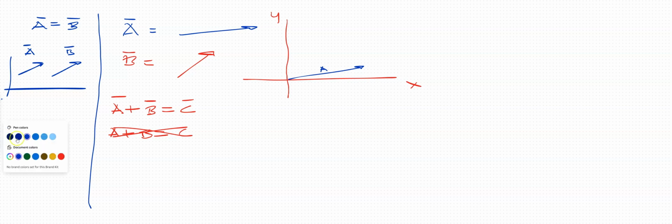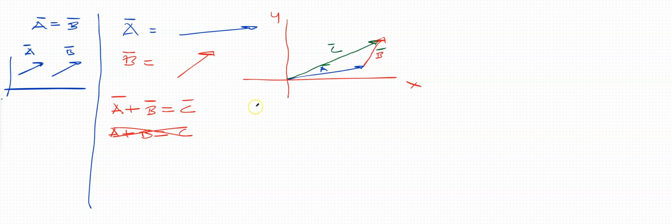Then where vector A ends, you plot vector B. Now this is B, and then you connect the beginning of A with the end of B, and that is vector C. I forgot the little lines everywhere, but these are all vectors. That's how you add two vectors graphically.